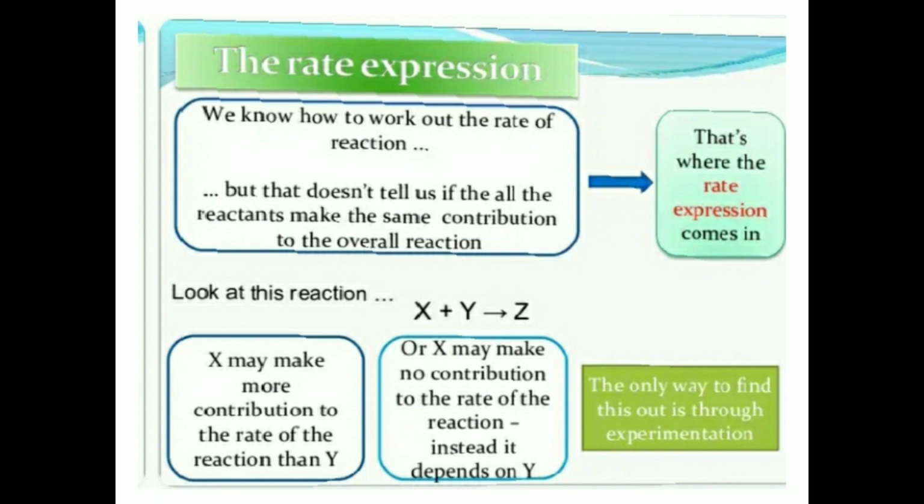Look at this reaction, x plus y is equal to z. X may make more contribution to the rate of the reaction than y, or x may make no contribution to the rate of the reaction, and instead it depends upon y. The only way to find this out is through experimentation.